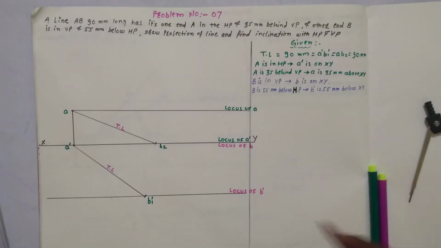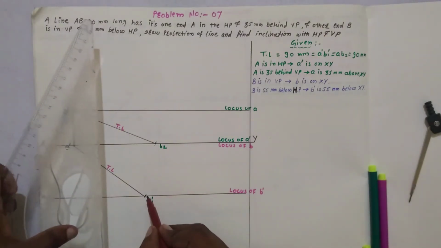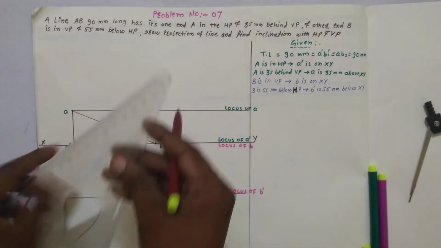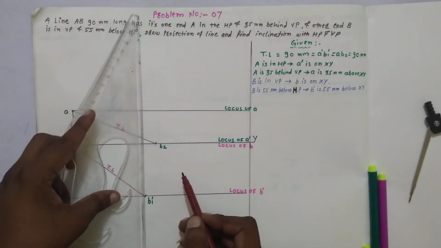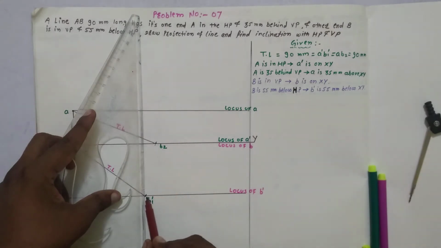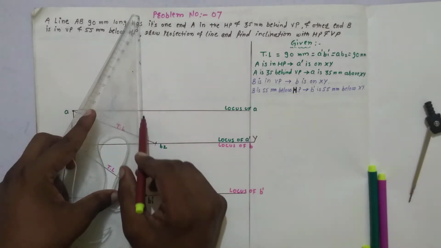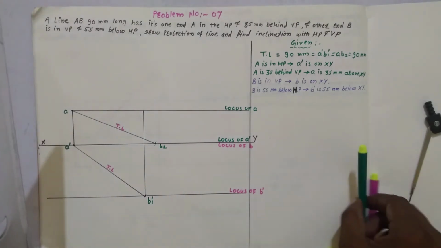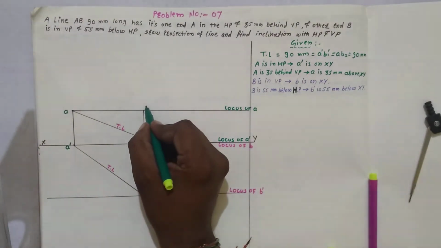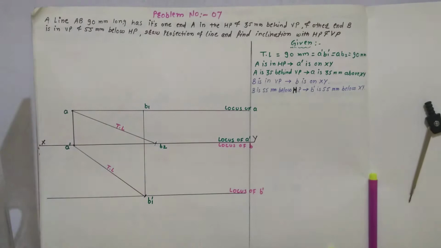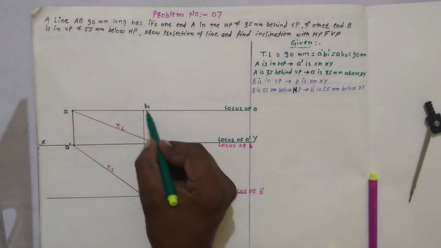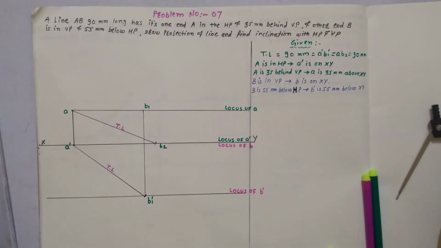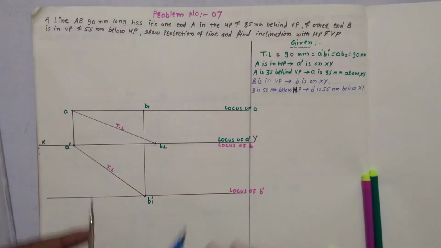Draw one straight line from B1 dash up to the locus of A. This point is A1.